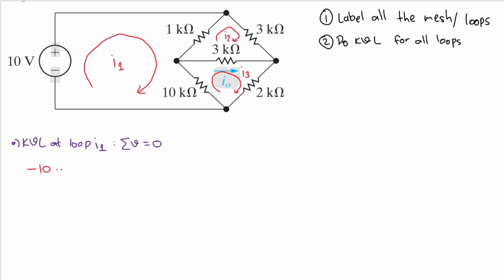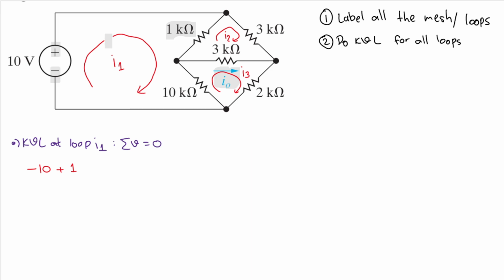Now let's move on to this 1 kilo ohm resistor. We have a resistance here, so we will have 1 kilo ohm. But we need voltage. Remember Ohm's law: to get voltage from resistance, we need to multiply it by the current.